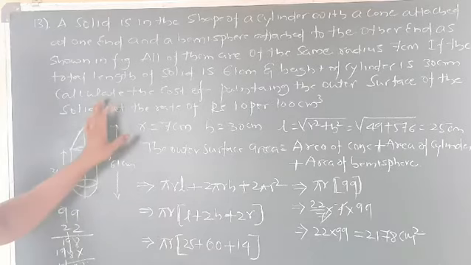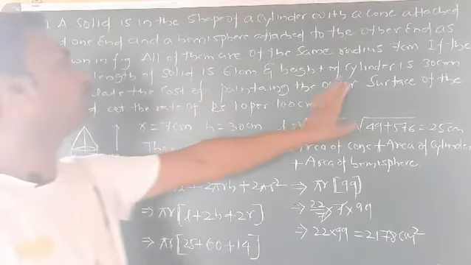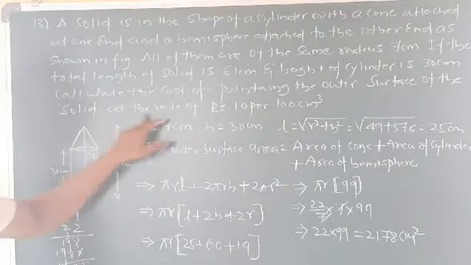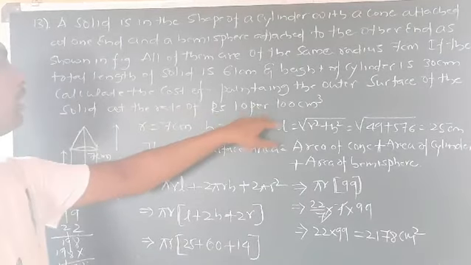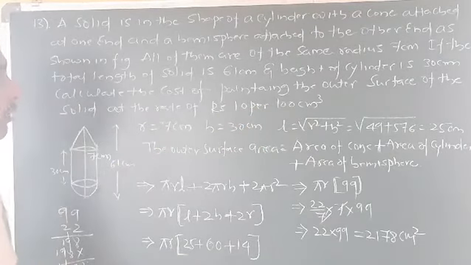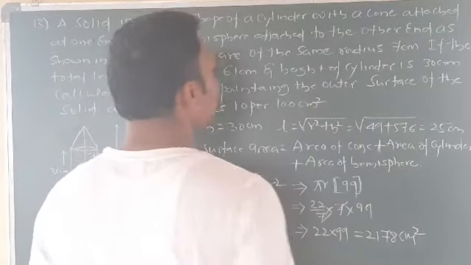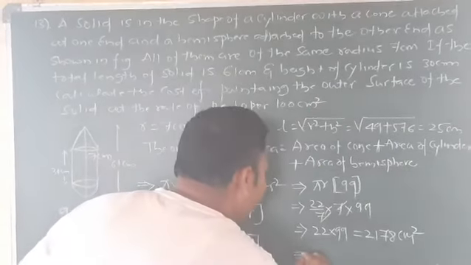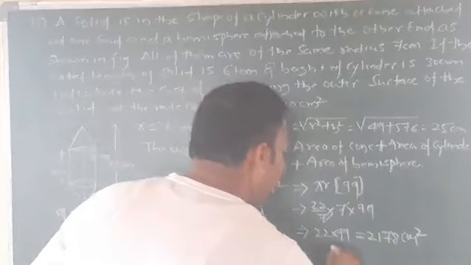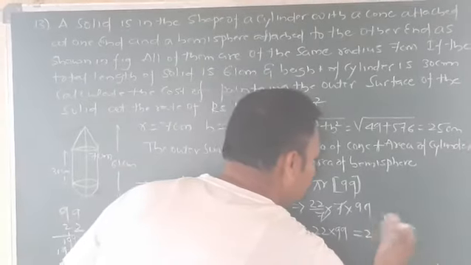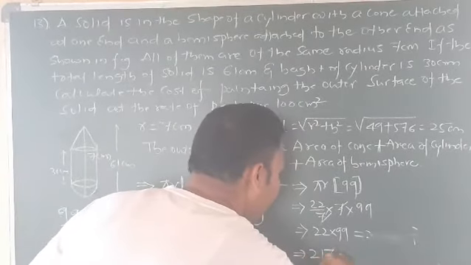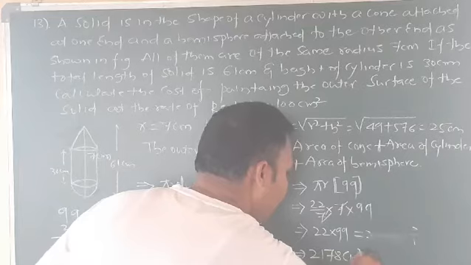Now what is our question? Calculate the cost of painting the outer surface area of the solid at the rate of rupees 10 per 100 centimeter square. So now what will we do? I'll write this here: 2178 centimeter square.